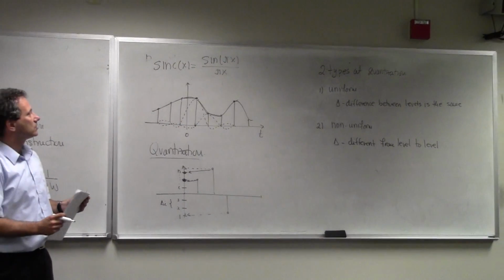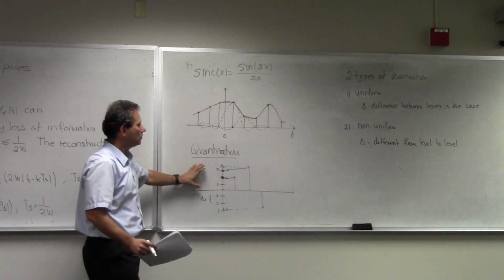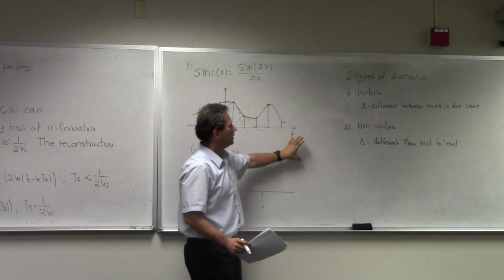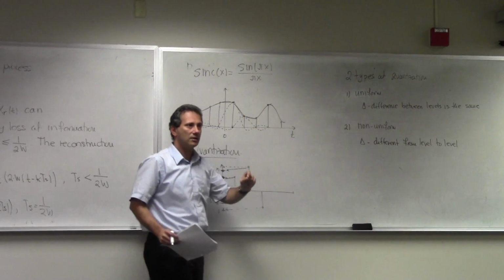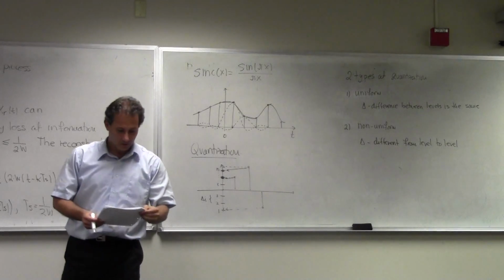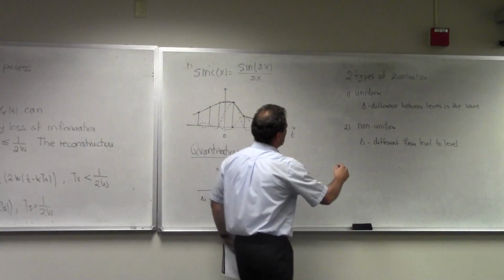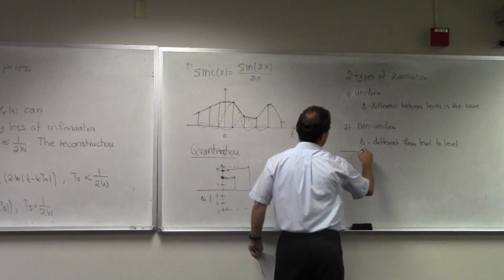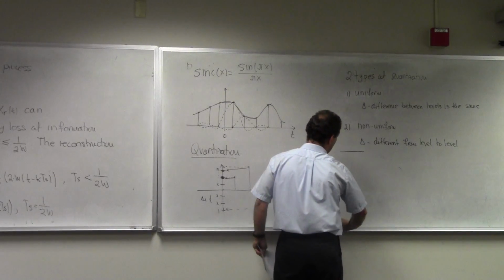So that's the first way we can view quantization, and both of these can be either scalar or vector. Let me talk about another way we can look at quantization. I can say the quantization may be scalar or vector.